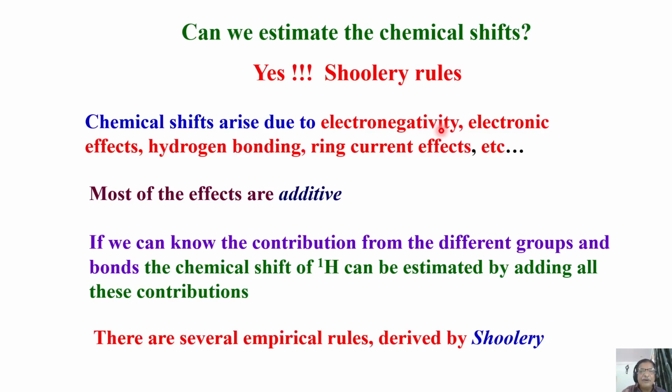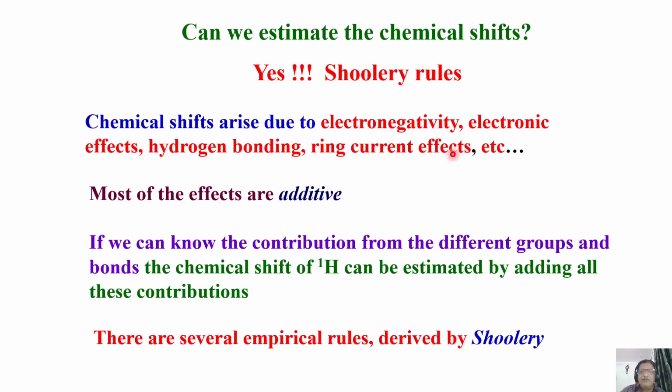Then you will know the total chemical shift because of the addition of all these effects to the base value. Do the experiment and find the chemical shift experimentally, and in most cases, by and large, they are comparable. You understand? This is the way we can predict chemical shifts.